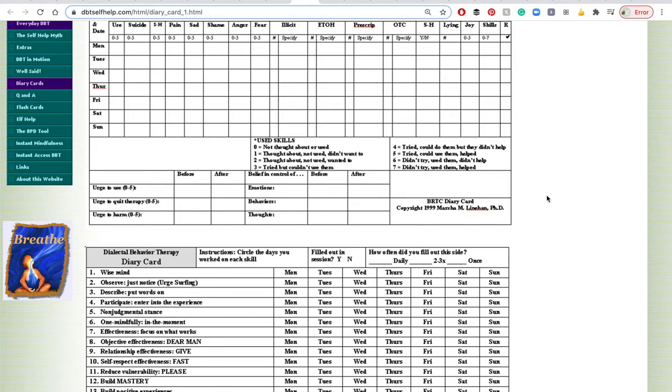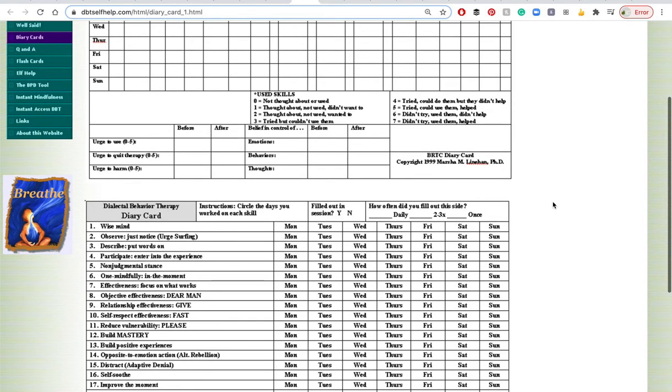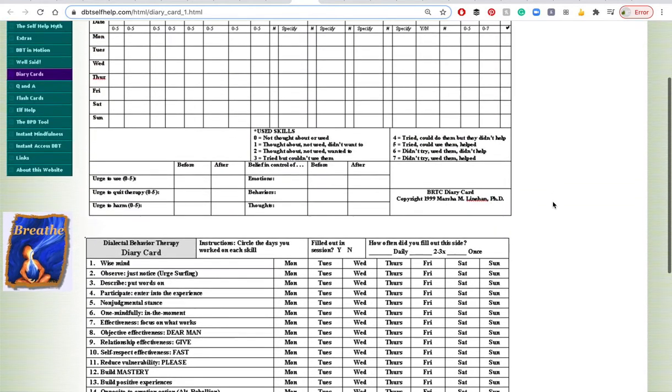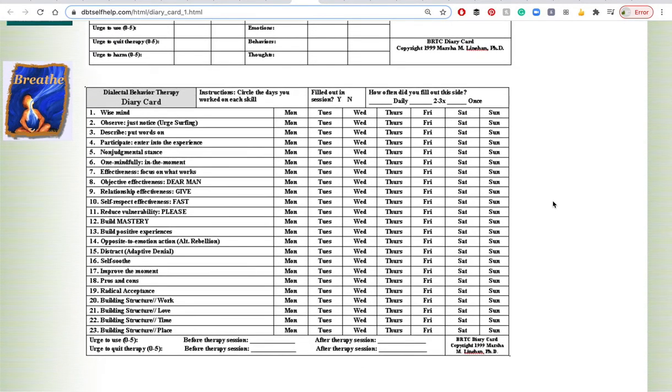And if there's some sabotaging and other things going on that are leading you down the path of quitting treatment. So as a heads up, that is why that is there. It does stand out to a lot of people, and it's a before and after using skills. So that is page 1, and I'll go to a filled out one in a second to sync this a little bit more.